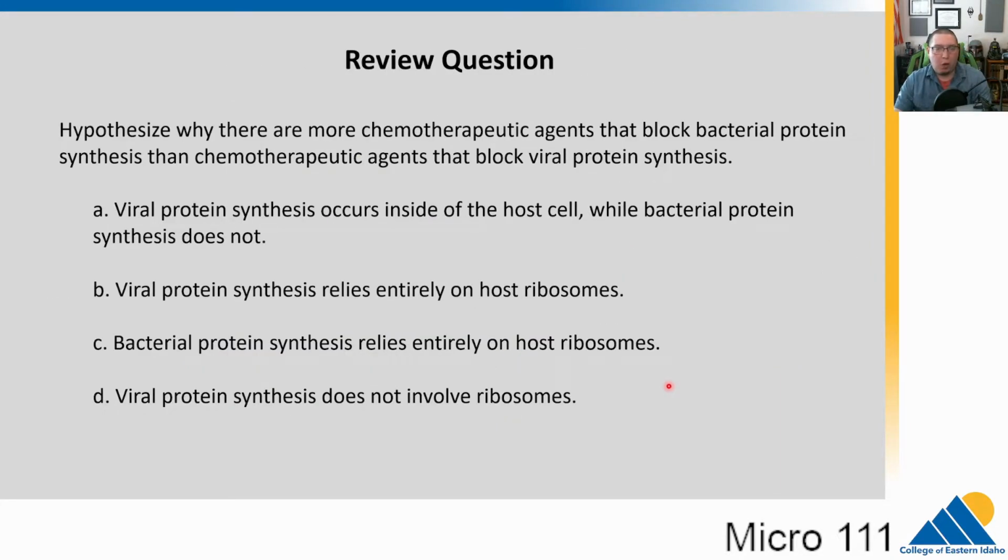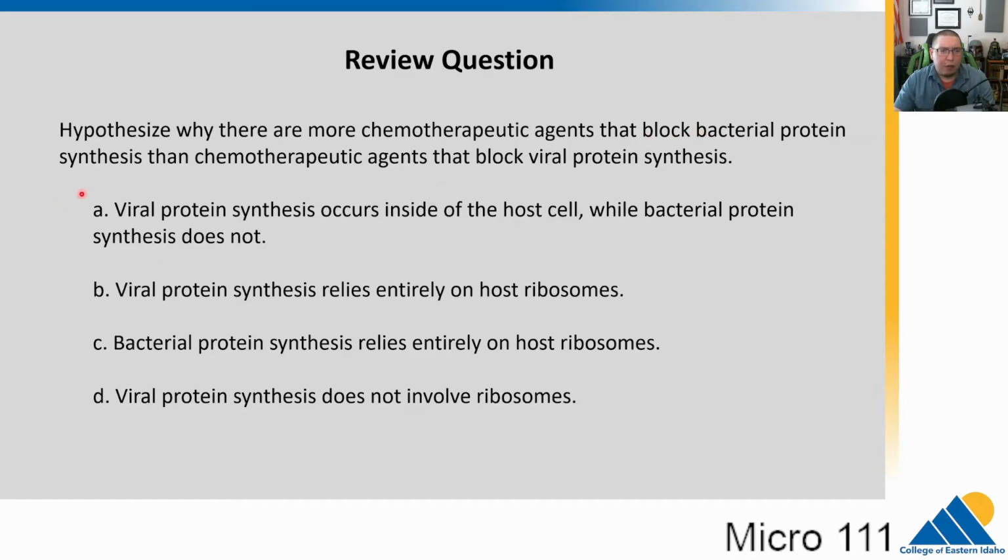All right, before we go on to 13.6, let's do a review question. Hypothesize why there are more chemotherapeutic agents that block bacterial protein synthesis than chemotherapeutic agents that block viral protein synthesis. Hint, hint, think about the differences between bacteria and viruses.